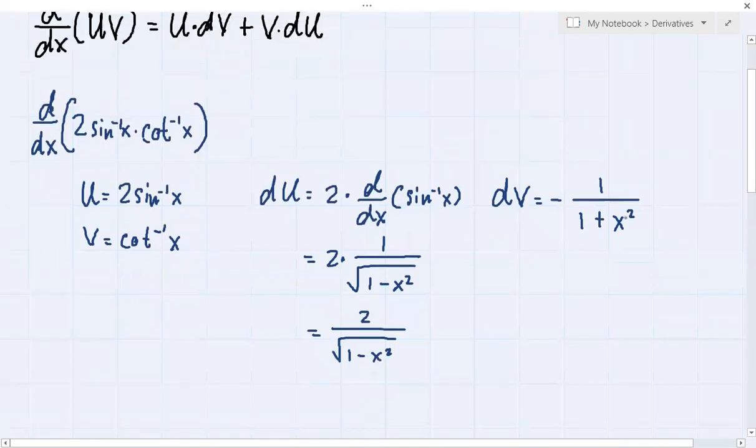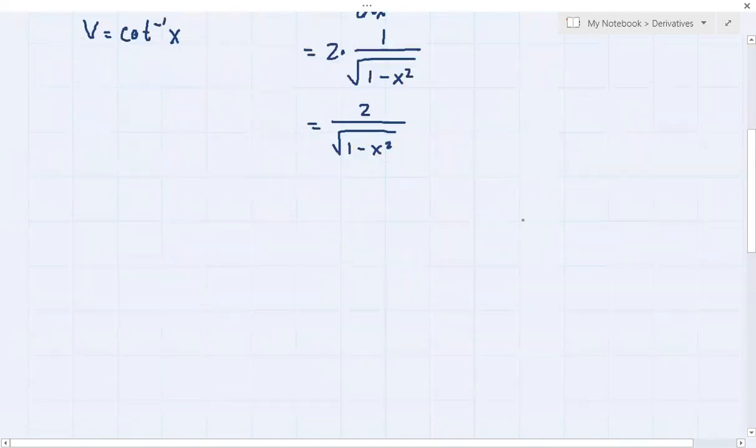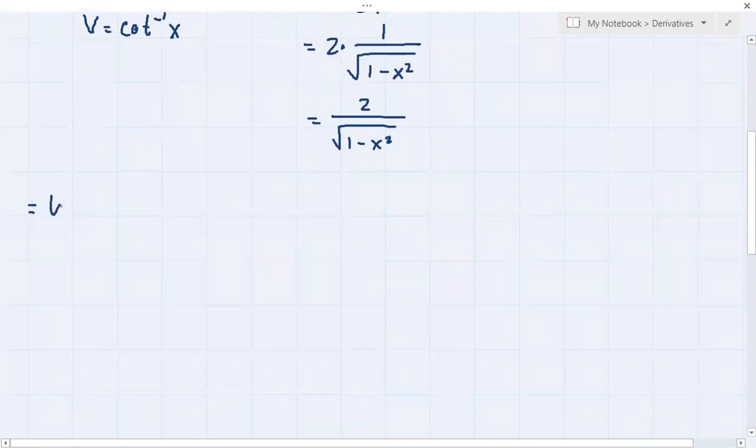Therefore, we can now substitute into the formula. The formula, once again, is u times dv plus v times du.